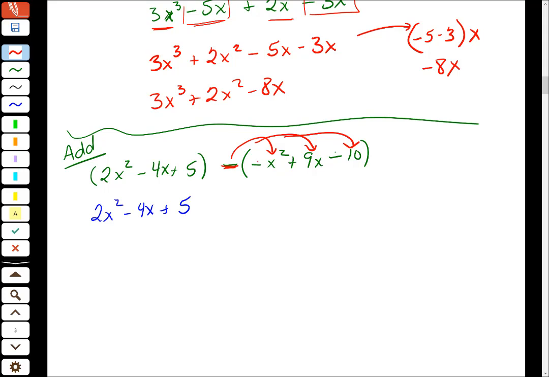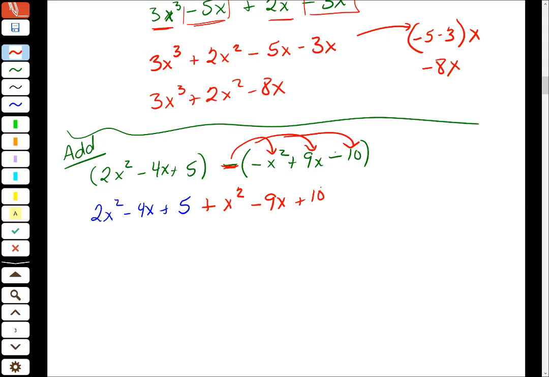So this negative times a negative x squared should be a positive x squared. This negative times a plus 9 should be a minus 9x. And the negative times a negative 10 should be a plus 10. It'll change all of those signs in the second parentheses. So you have to be careful.